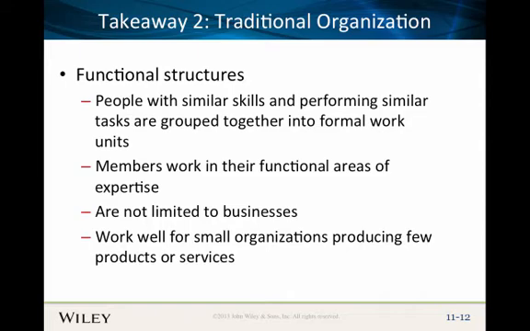The reason this works well for a small organization producing few products is because of the way we're grouping things. We're grouping based upon the similarity of roles rather than the similarity of product or the similarity of market, as you'll see in a little bit. Everybody working in this department is together simply because their functions are similar.